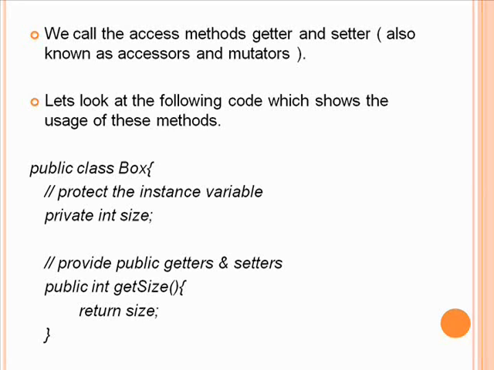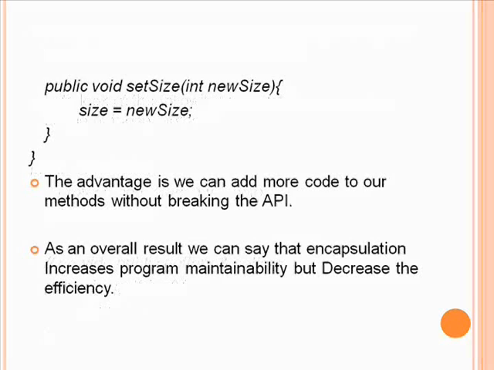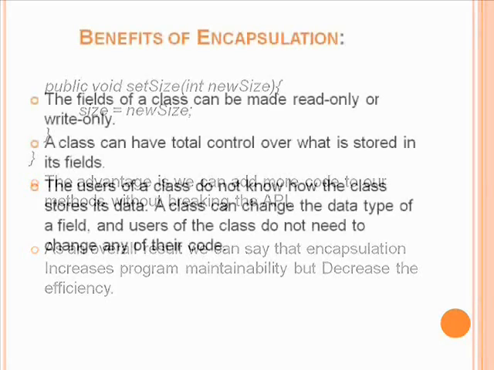The getSize method will return the value of the size variable, which is an integer, and setSize method will allow you to modify the size variable. Remember, though encapsulation increases the maintainability, it decreases the efficiency. The benefits of encapsulation are listed in this slide.